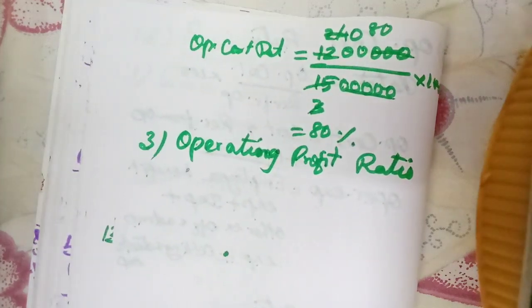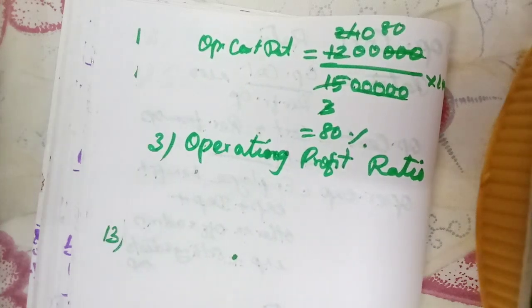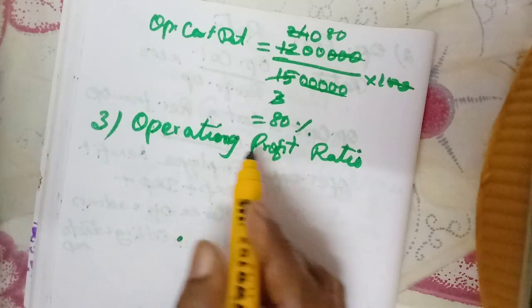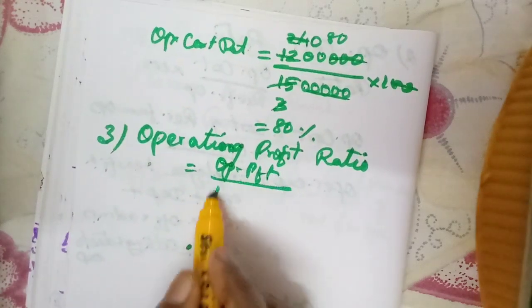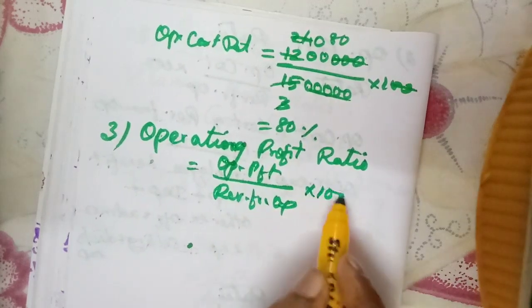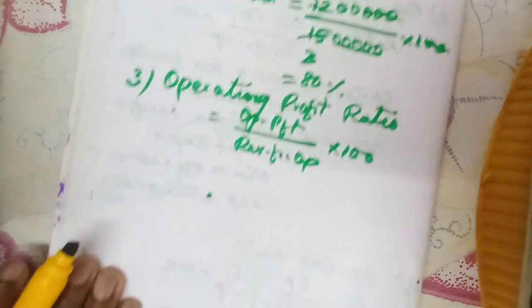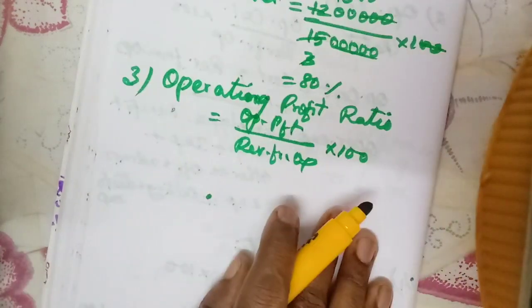The same thing, isn't it? Operating profit divided by revenue from operation into 100. That's the formula.